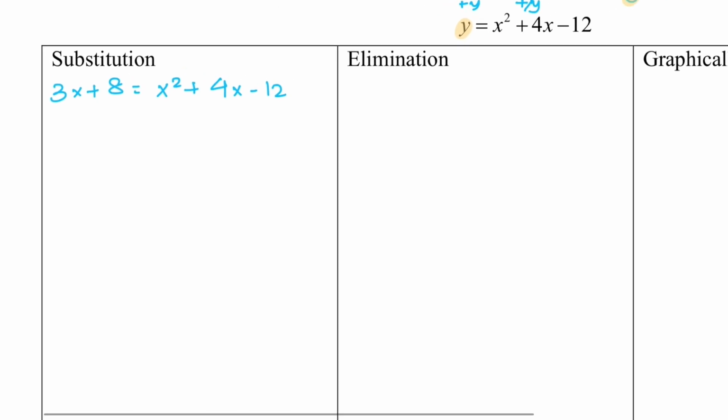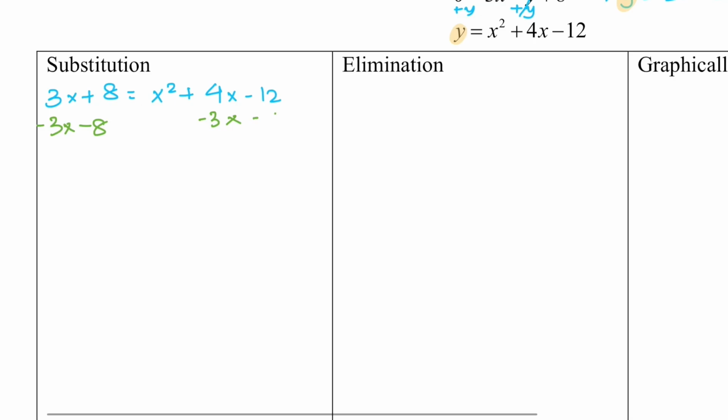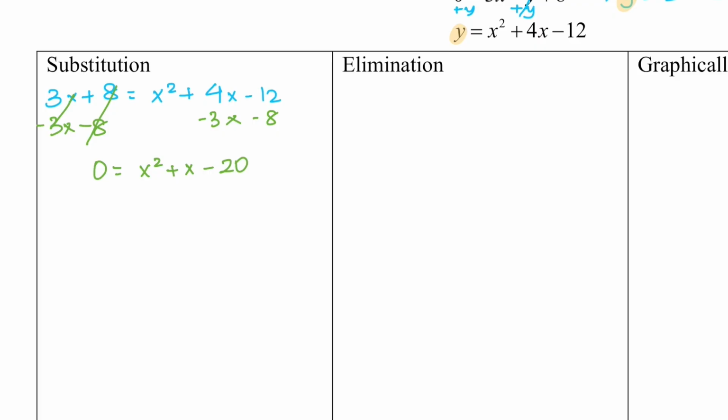So you just move everything to one side. I'll subtract 3x on both sides, I'll subtract 8 on both sides, and I get 0 is equal to x squared, 4x minus 3x is plus x, minus 12 minus 8 is negative 20.